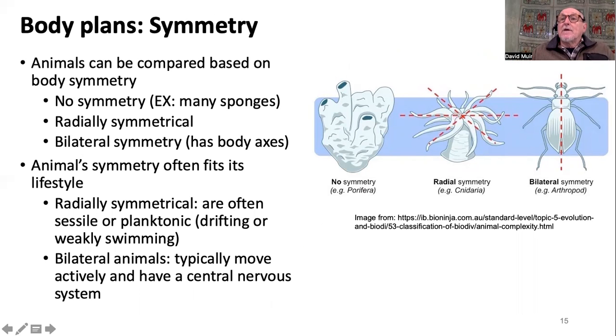The first, we're going to go to our basal sister group, which are the sponges. Now, in actual fact, some zoologists would consider sponges as not animals at all, that they're in a gray zone between what used to be called the protists and the animals. The reason for that is they have no true tissues.